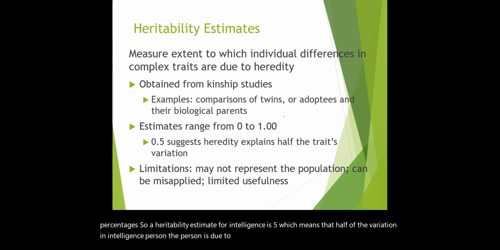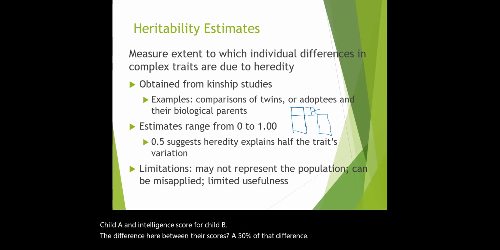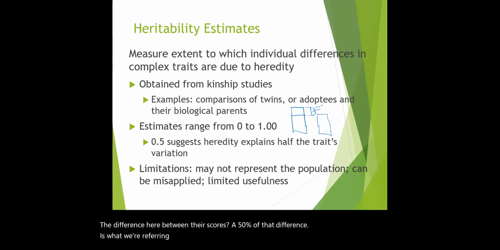So for example, if I have an intelligence score for child A and an intelligence score for child B, the difference between their scores, 50% of that difference is what we're referring to. So 50% of that difference being due to genetics compared to their environment.